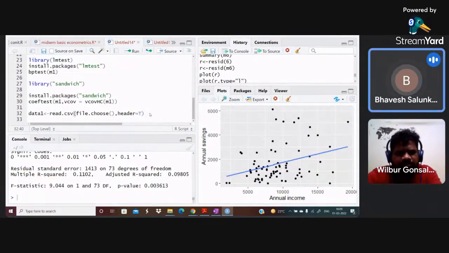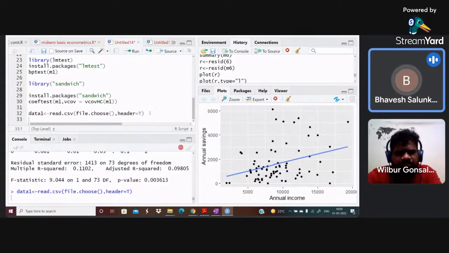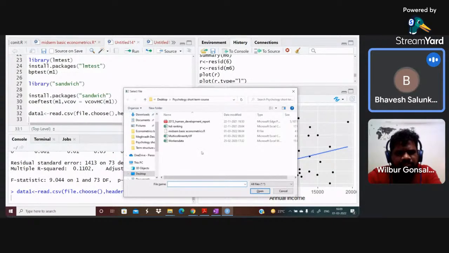So the moment I click on this, a small window will open. Can you see the window is opened? In your case, you'll have to go to the folder or the place where you have saved that multicollinearity file.